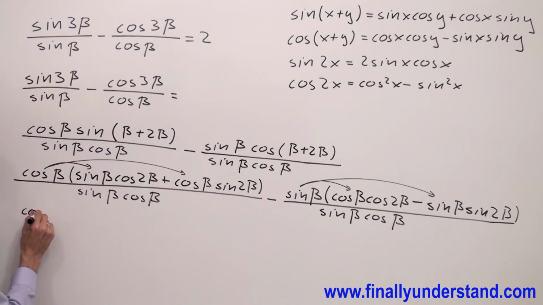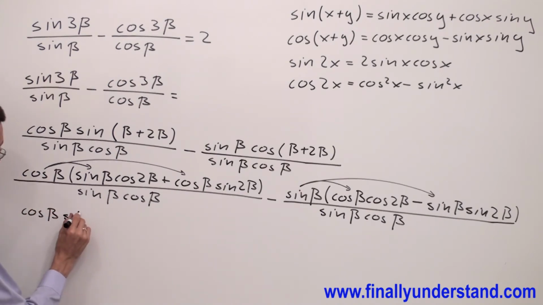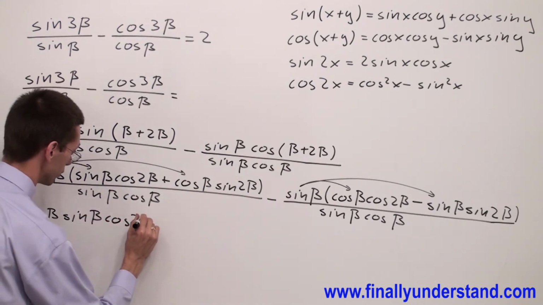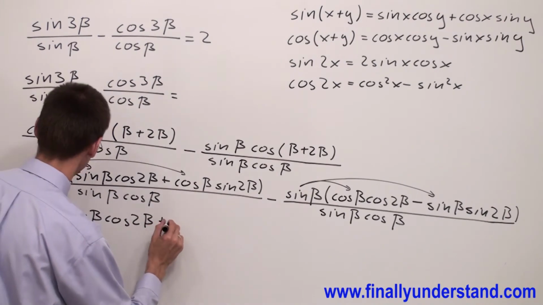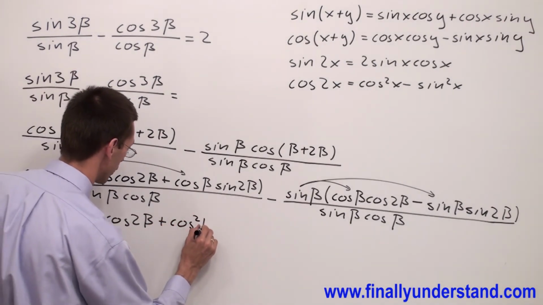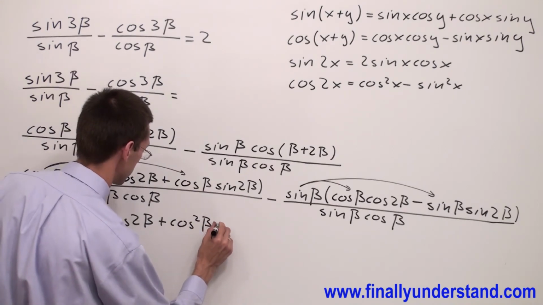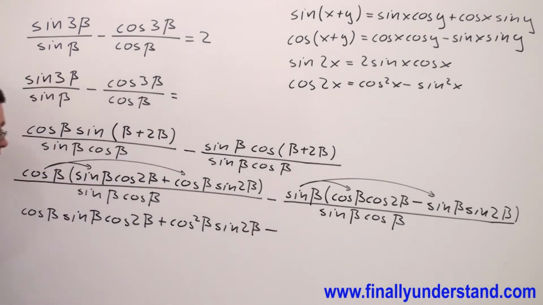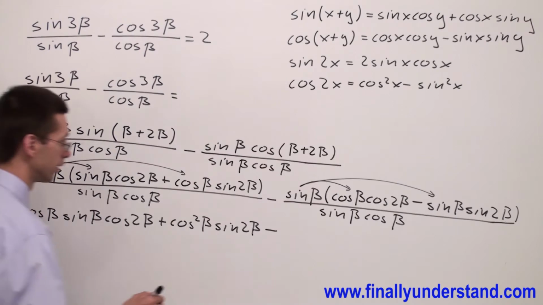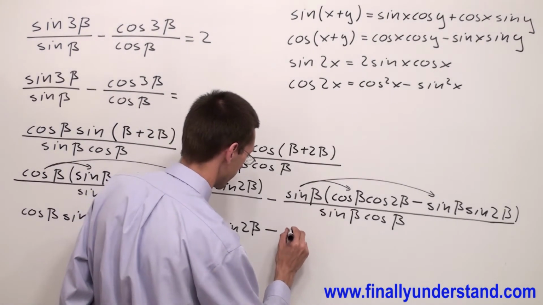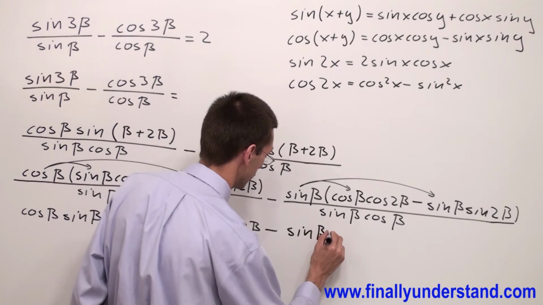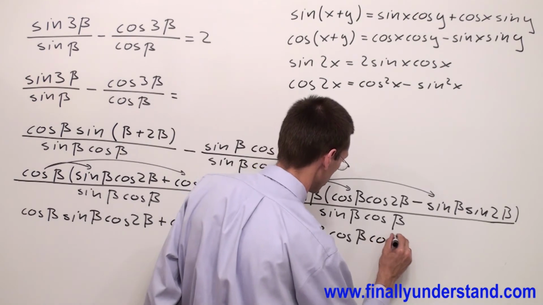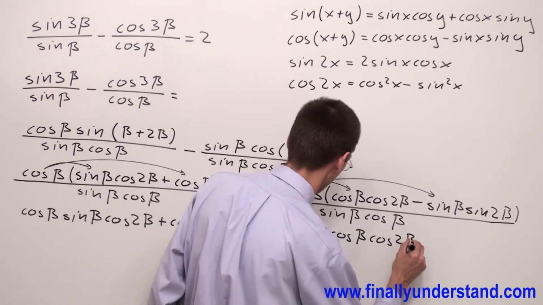cosine beta sine beta cosine 2 beta plus cosine square beta sine 2 beta minus, I'm going to write everything over one fraction bar, and I'm going to have sine beta cosine beta cosine 2 beta.